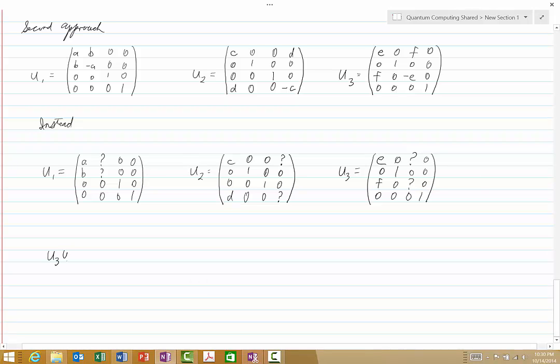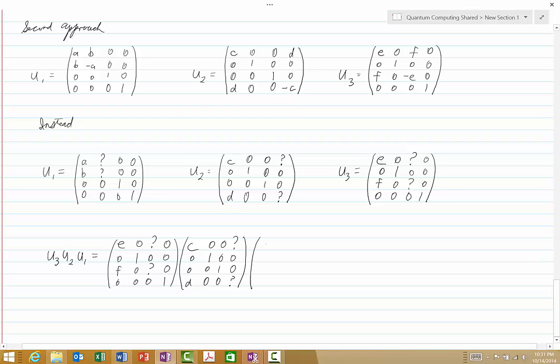U3, U2, U1 will be equal to E0 question mark 0, 0, 1, 0, 0, F0 question mark 0, 0, 0, 0, 1, times C 0, 0 question mark 0, 1, 0, 0, 0, 0, 1, 0, D 0, 0 question mark, and finally A question mark 0, 0, B question mark 0, 0, 0, 0, 1, 0, 0, 0, 0, 1.